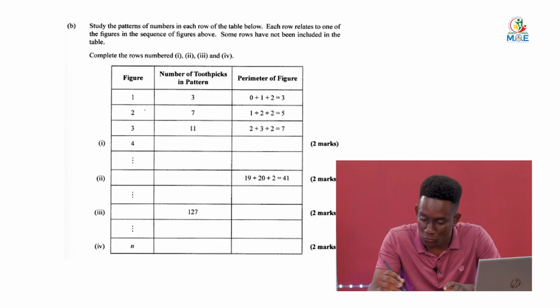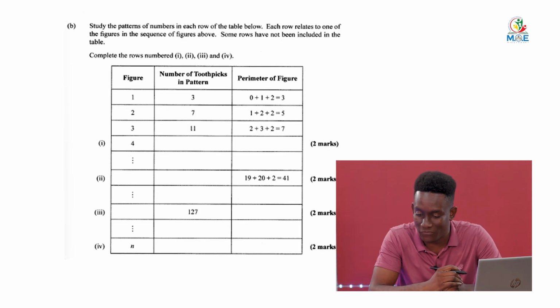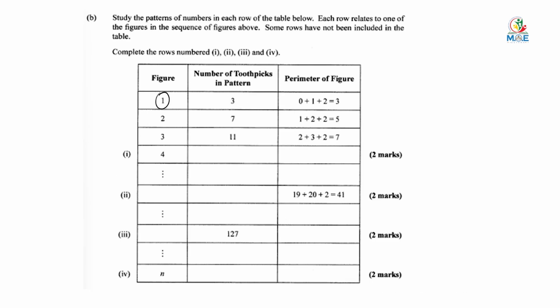And then we move on to the third one. We saw that we have figure 3. And we saw we have the number of toothpicks would be 11. And for the perimeter, we see we have 2 plus 3 plus 2, that is equal to 7. So let's try to figure out this pattern. So we see we have the number of toothpicks is 3 and the figure is 1.